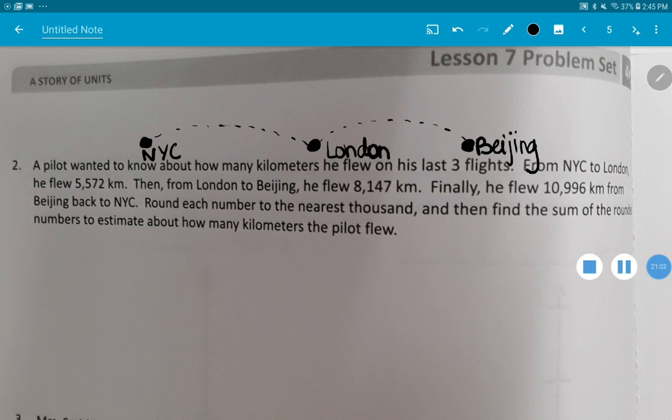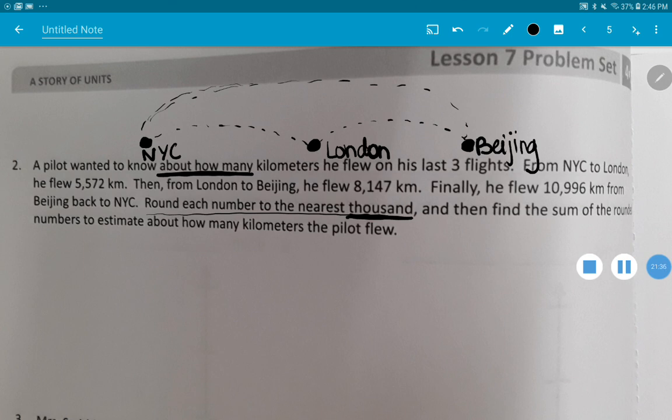Then he flew from Beijing back to New York City, right? So it asks us about how many. That gives us the idea that we're going to round. When you have a question that asks you about how many, that's telling you that you're going to round. And it told us that we were rounding each number to the nearest, what? 1,000. All right.